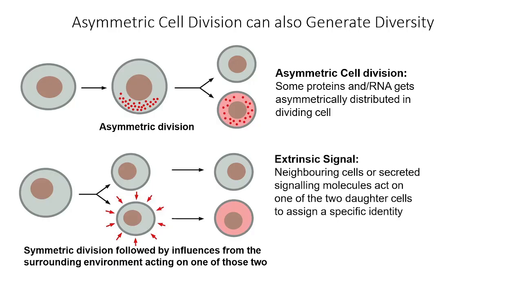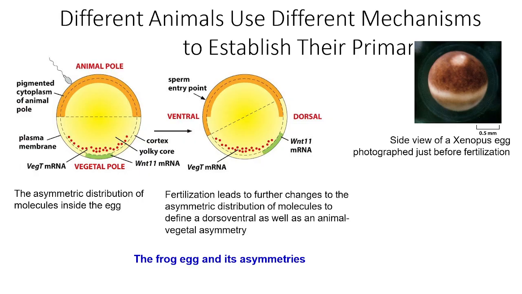So from this you can think of one advantage of symmetric division for maintaining a stem cell pool. Now, different animals have used different mechanisms to establish primary axes such as anterior and posterior or dorsal and ventral.